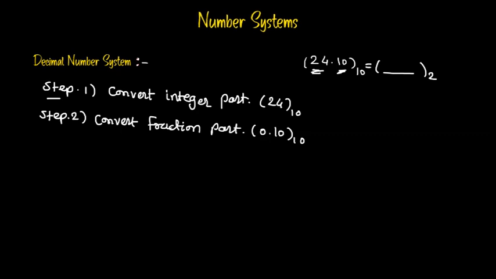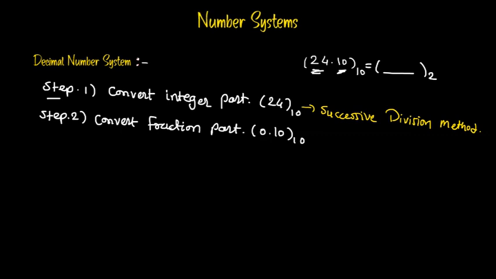The conversion of the integer part into a binary number is done by the successive division method. That means we will divide the given integer part by 2 until we get the answer 1 or 0.